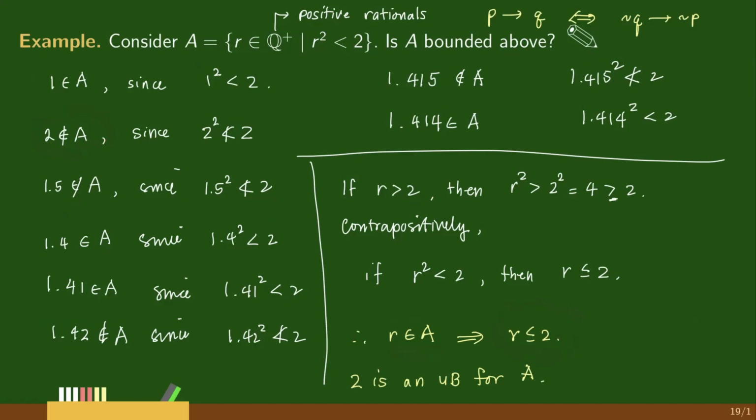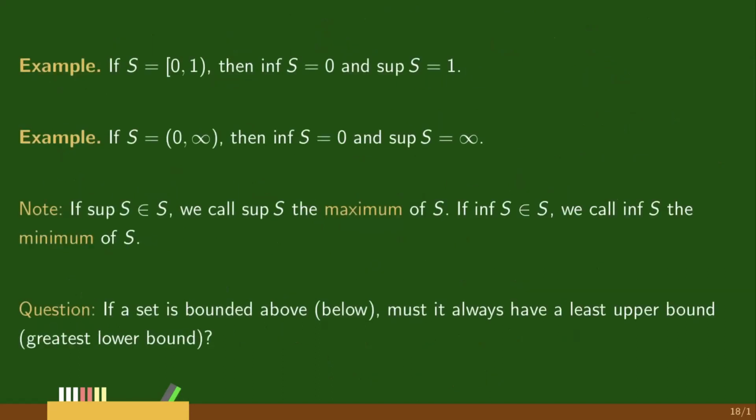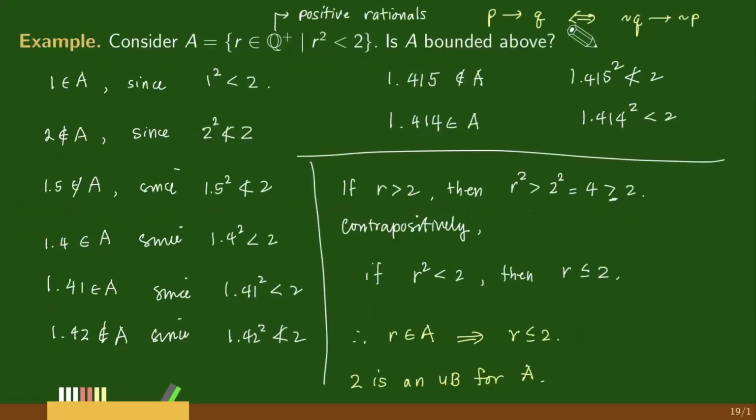What I am trying to find in this example ay kung ano yung least upper bound. Kasi in the previous examples, it's quite easy to determine kung ano yung supremum tsaka yung infimum, di ba? Because these are just intervals. But you see, in this case, it's not always the case that the supremum is readily available. We know that 2 is an upper bound.